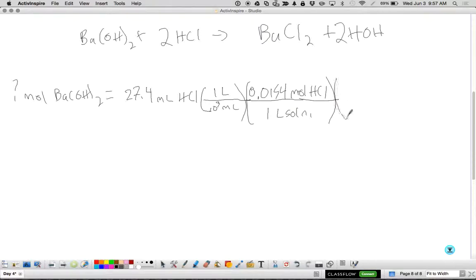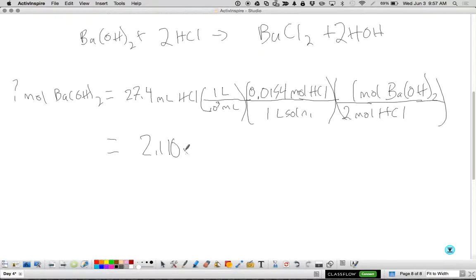Then I can convert the moles of HCl, which this time there are 2 moles HCl for every 1 mole barium hydroxide. My answer here is 2.110 times 10 to the minus 4 moles barium hydroxide.